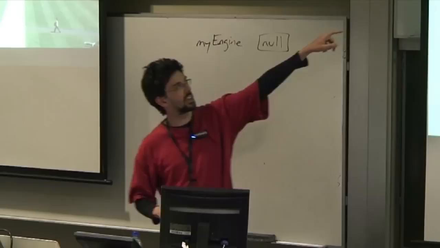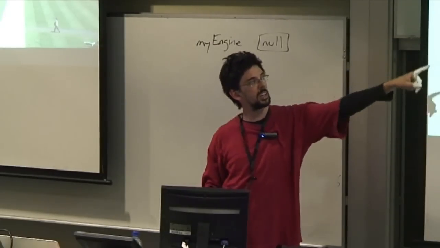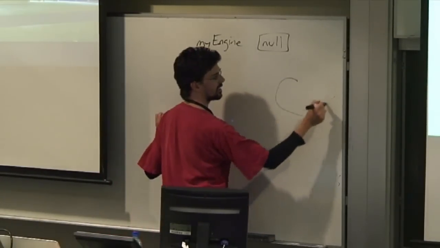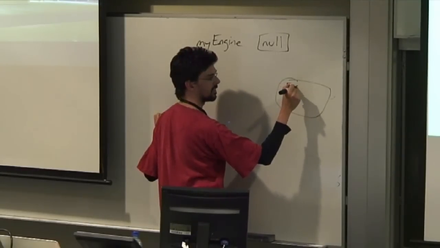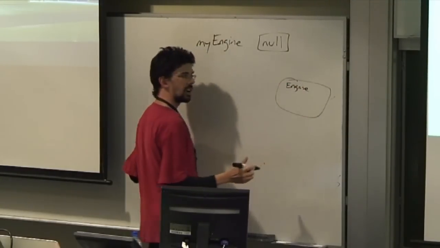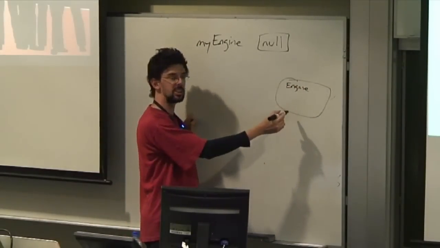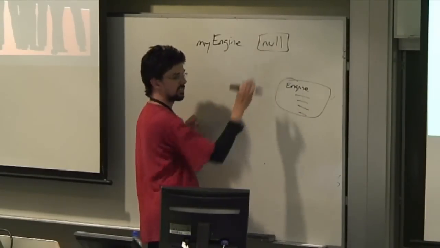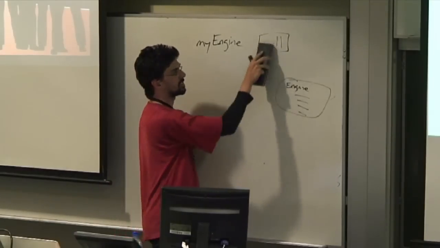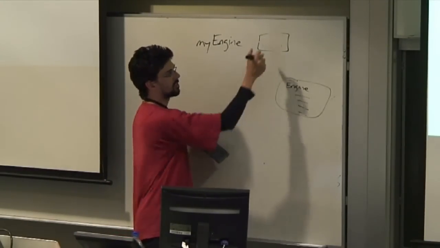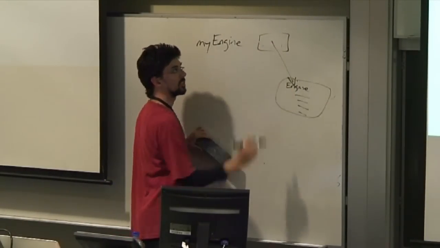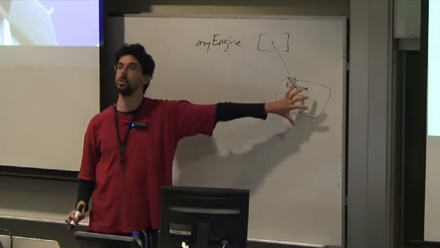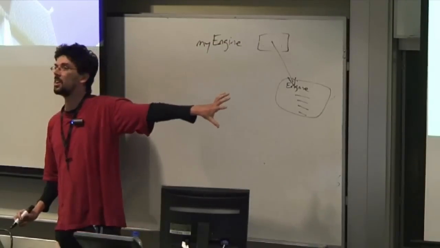But then we start running the constructor, and we say my engine equals new engine. And so what that does is over here it creates a whole new engine object. It runs the constructor on the engine in order to initialize whatever fields are in engine, and then it returns a reference to that object, and so that reference then gets assigned to my engine, and so my engine now points to this new engine that we've created out of nothing.